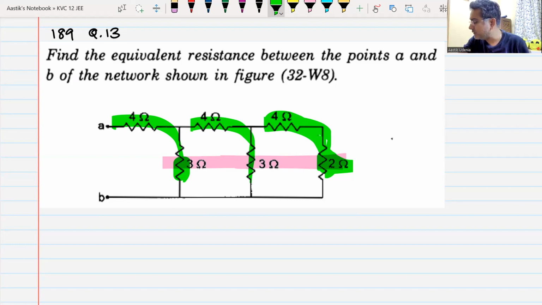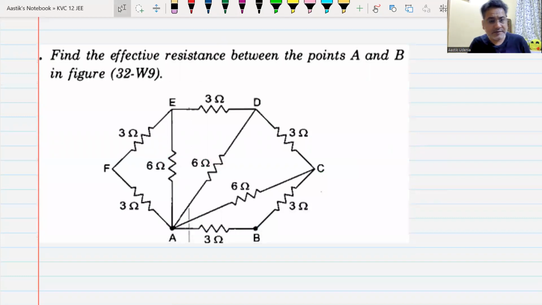That is the next question now. Question number 14 from the same page. Find the resistance between A and B in the figure. I hope you have got the book so that you don't have to draw the diagram, you just have to calculate the answer and give me the value.